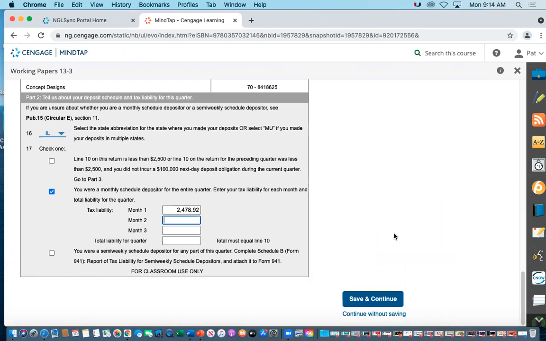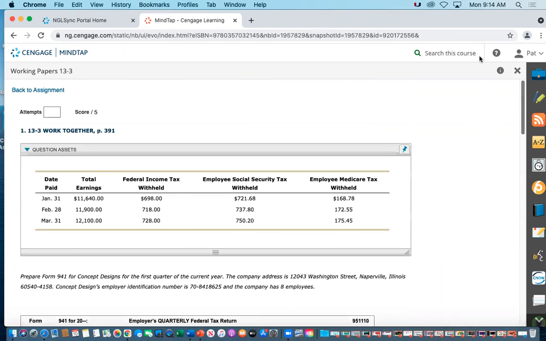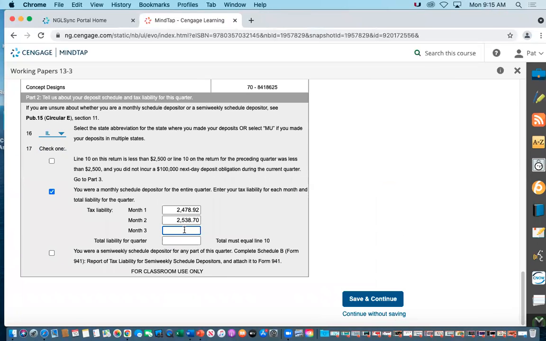So you do the same thing for each of these guys. So then you do it again for the second month. 737.80 times 2, 172.55 times 2. Add those numbers to 718. You get another number, you get the third number, and you add all those up. 7,596.92.